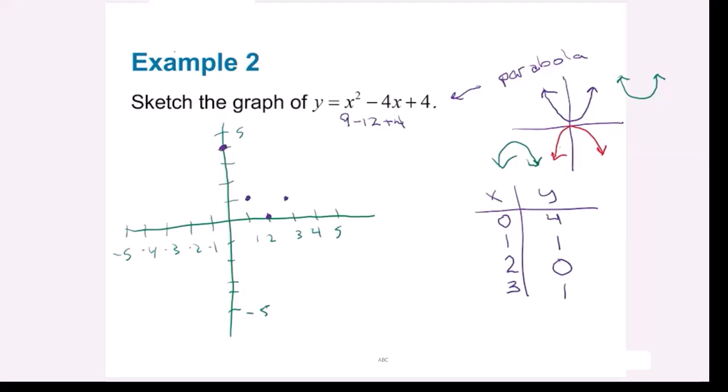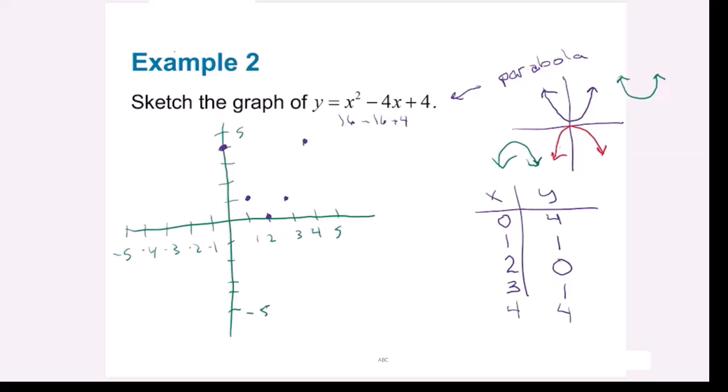And I'm sure if I put in 4, I'm going to get my answer to be 4, because it's always going to be symmetric. So let's see what that looks like. If I plug in 4, I get 16 minus 4 times 4, which is 16, plus 4, which gives me 4. So I have 4, 4.